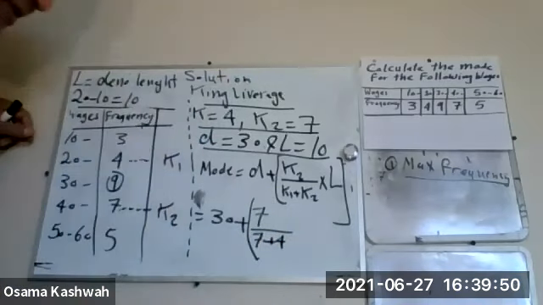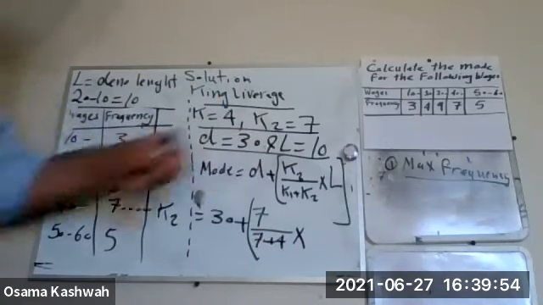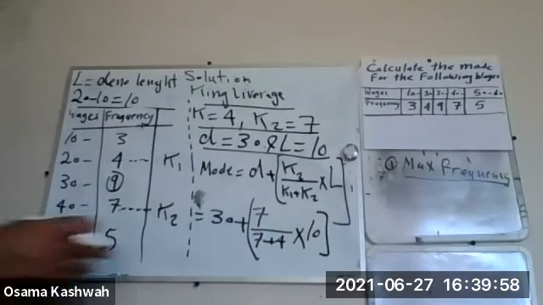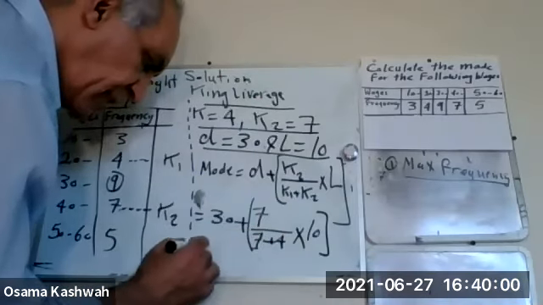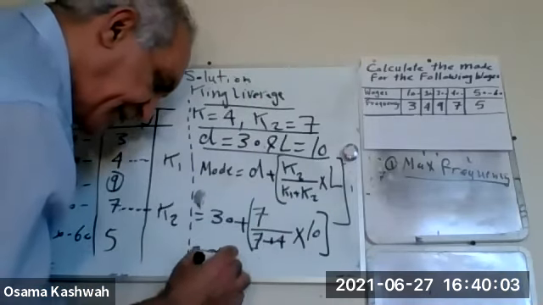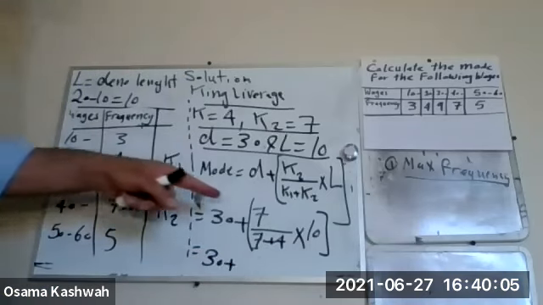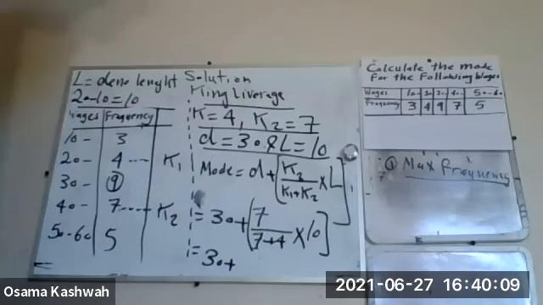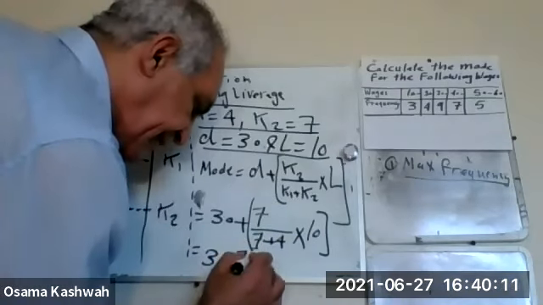But wait a minute, we forgot the length, and we said the length is 10. So keep the 30 outside, and calculate this amount: 7 times 10 is 70, divided by 11.